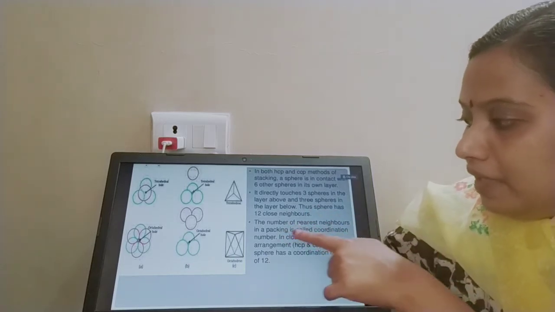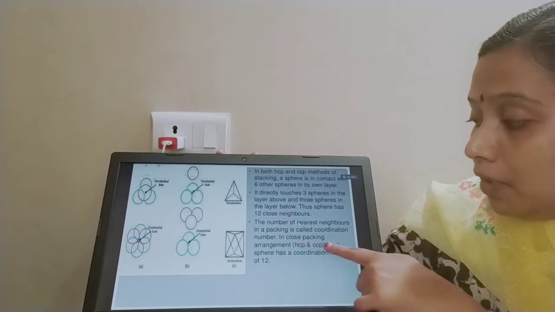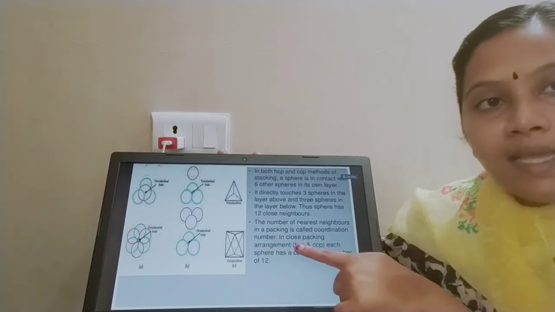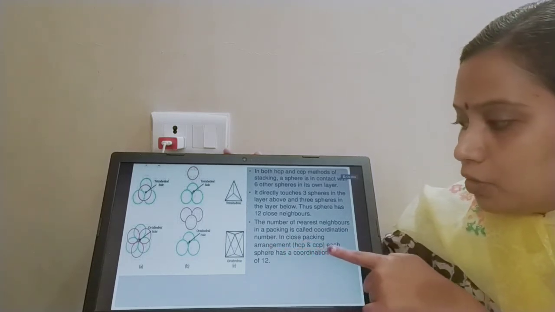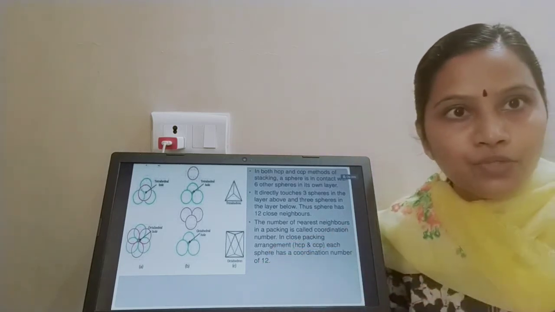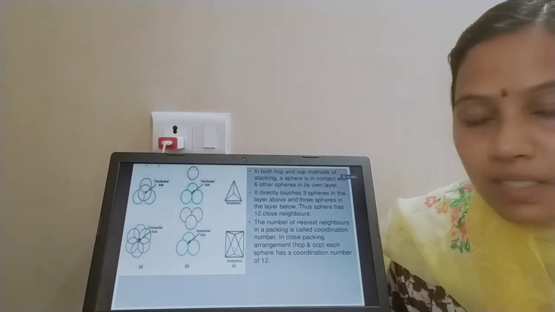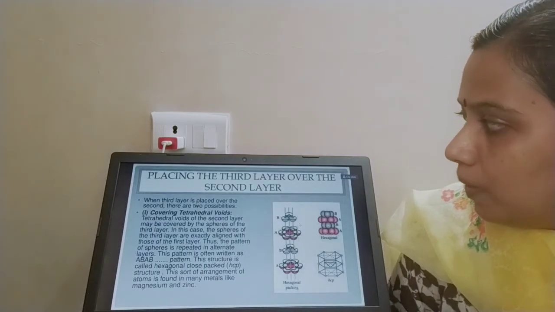The number of nearest neighbors in a packing is called the coordination number. In close packing arrangement, that is in hexagonal close packing and cubic close packing, each sphere will have a coordination number of 12. Yes, no, children? We have already seen the coordination number. The closest neighbors will give you the coordination number.